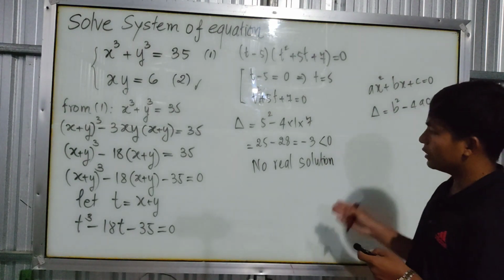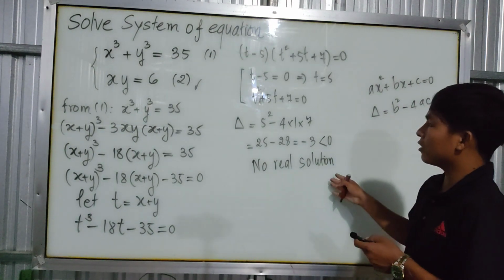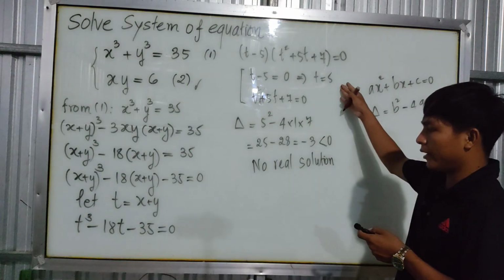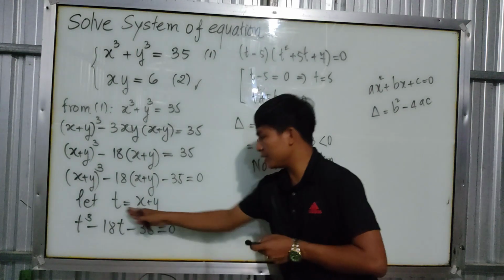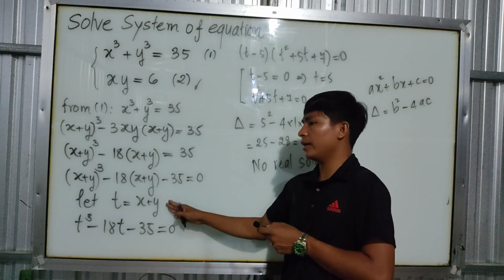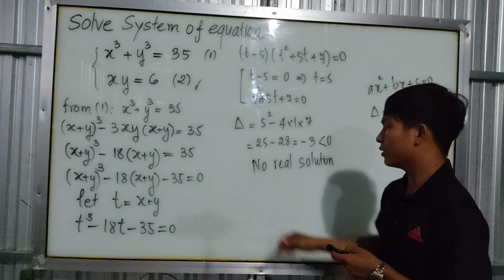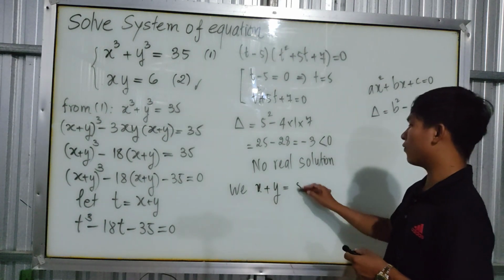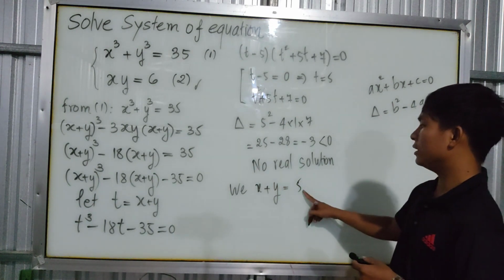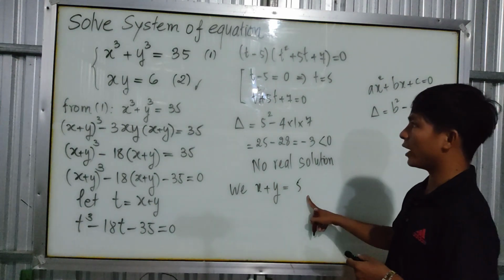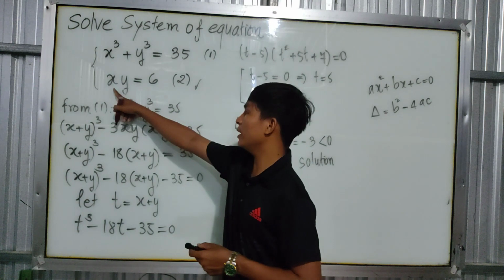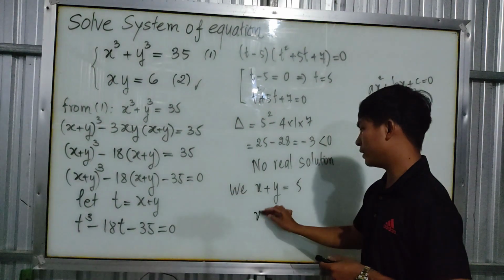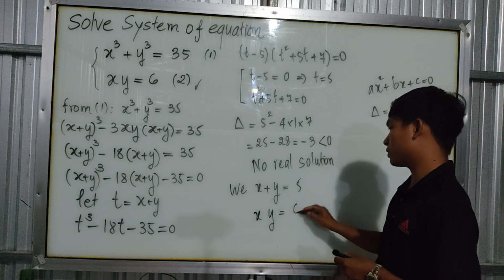Now this equation does not have a real solution, so we get t is equal to 5. We know that t is equal to x plus y, so x plus y is equal to 5, and we know x multiplied by y is equal to 6.